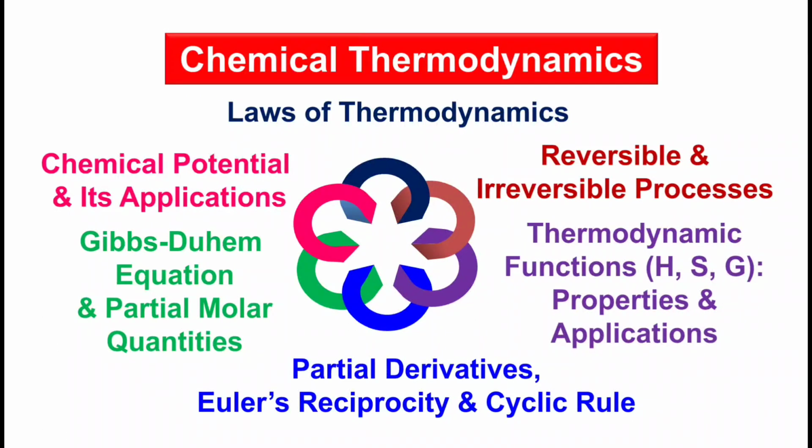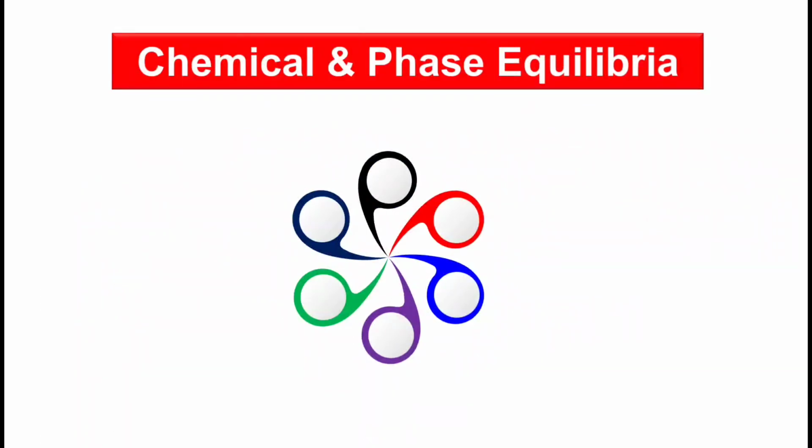So I humbly request all students, please try to solve the numericals and theoretical aspects of thermodynamics, because this is a very important aspect in physical science. Later, we need to read chemical and phase equilibria.